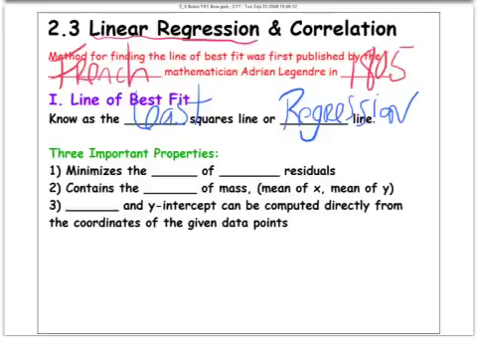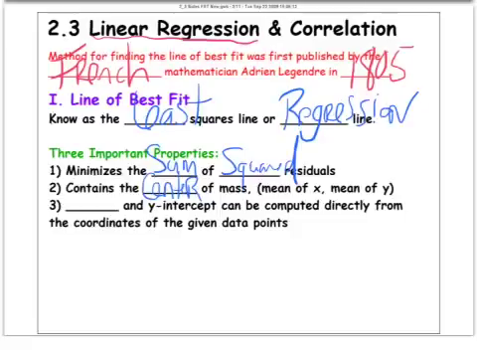The 3 important properties of what it does are this. First, it minimizes the sum of the squared residuals. The second thing is it contains what's called the center of mass. And the center of mass is actually a very easy calculation. If you have all of your ordered pairs in your data set, you just take the mean or the average of the x's and then the mean or the average of the y's.